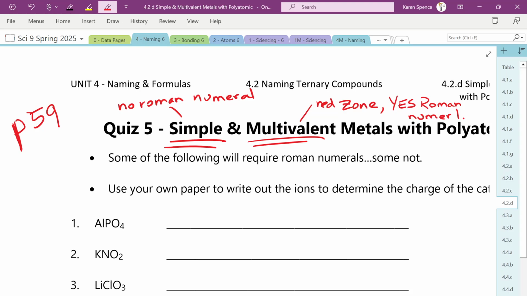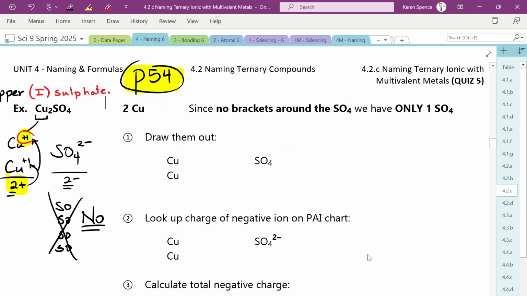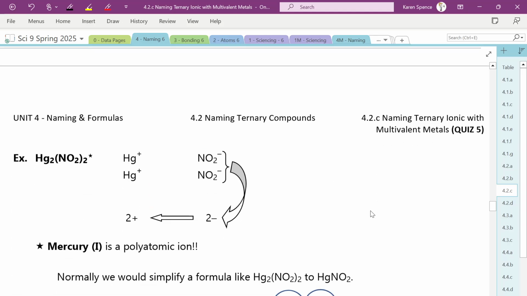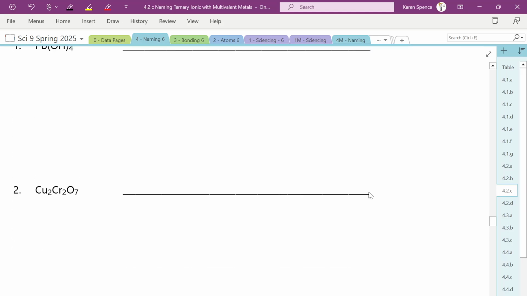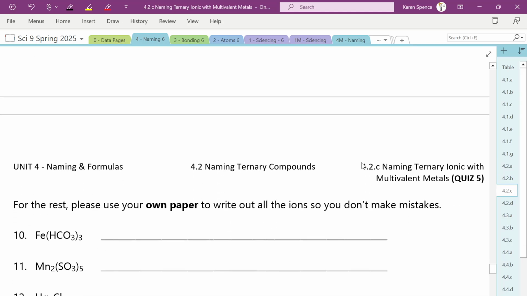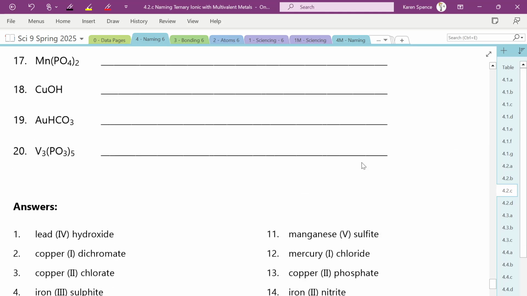So what you'll want to be working on today is page 59. But if you're not feeling good about the Roman numerals, you can start with page 56, 57, 58.